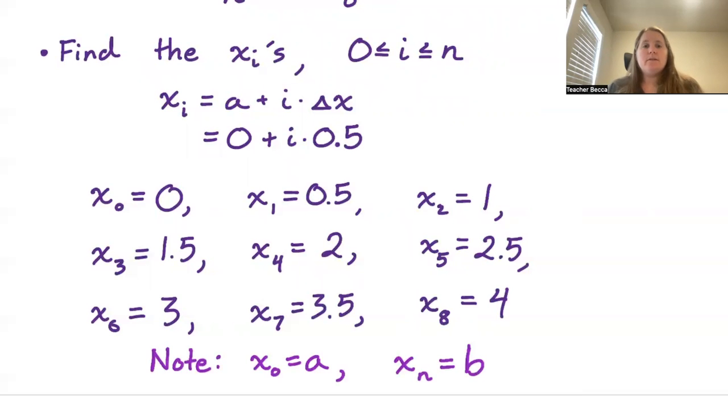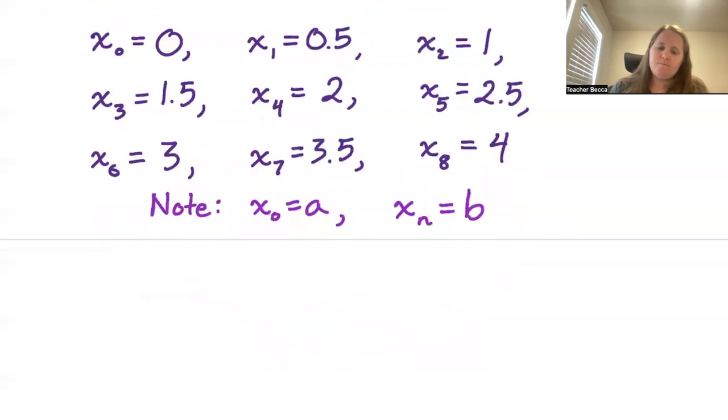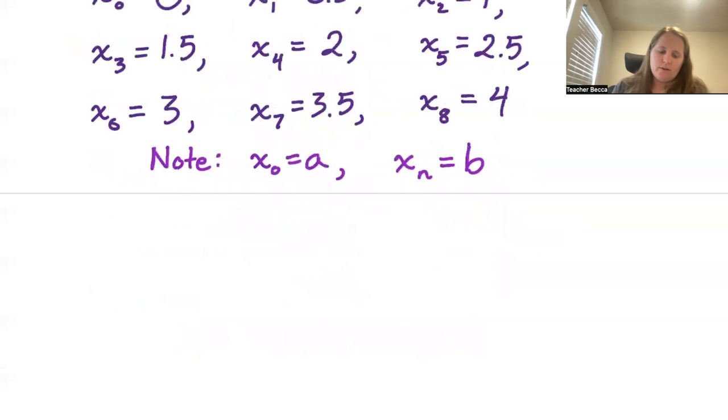At this point, we now need to find the function values at each of these x sub i. So our next step is to find f of x sub i.